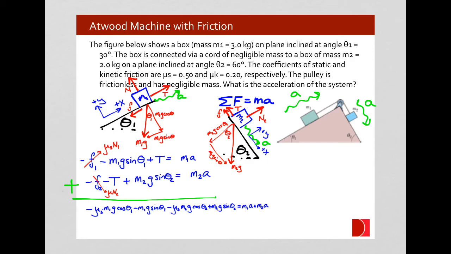And so to find acceleration, we will factor out the common acceleration. And what we'll end up doing is have the acceleration as a very large fraction.